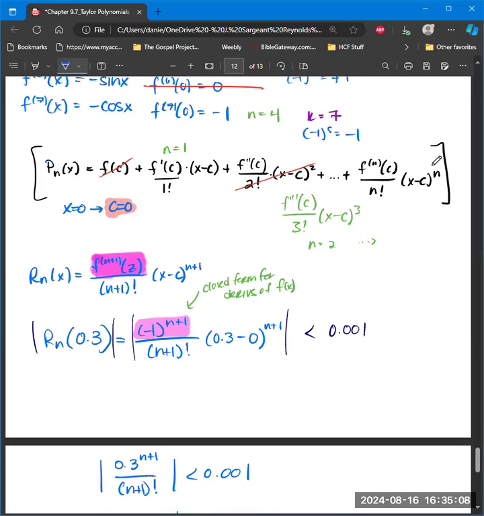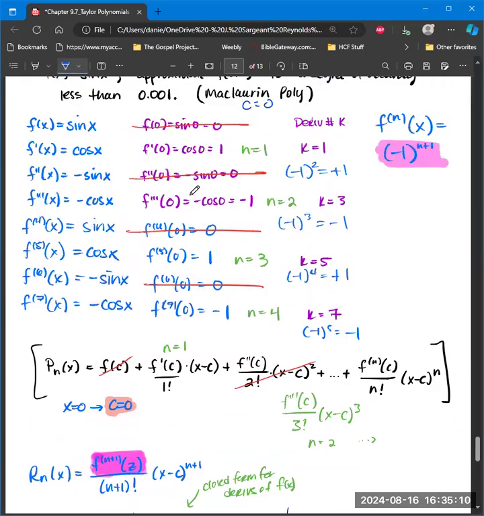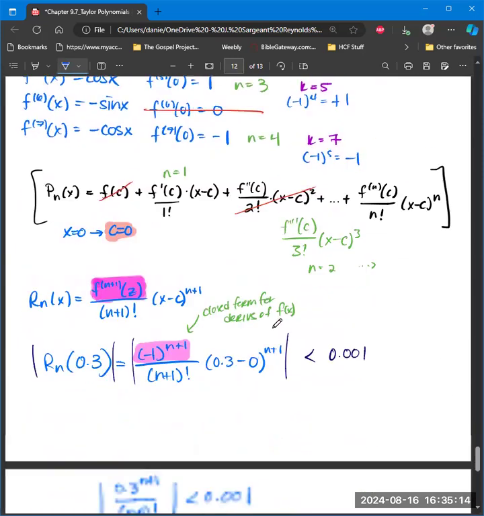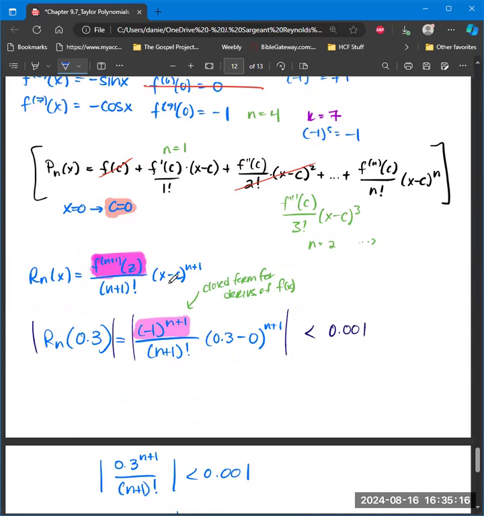So we're going to see that this turns into 1, -1, 1, -1. So this is -1 to the n plus 1 here. And then that's over n plus 1 factorial, because this power and this factorial need to match each other.